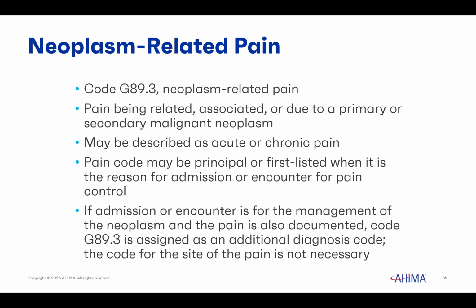Remember, we code everything that's documented and evaluated and assessed and treated at each encounter. So you may have pain that's present, but the patient's coming in for cancer, right? Versus coming in and being treated for the pain.